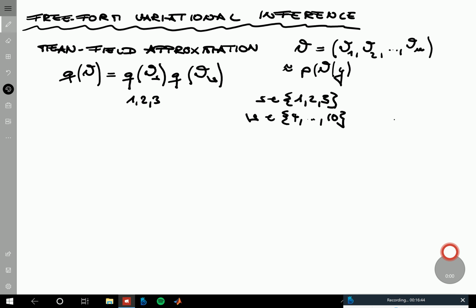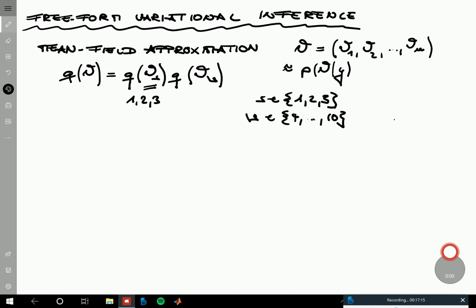Usually, once you have your model really described, you know how many random variables there are, and you can say, okay, there's a subset of random variables S, and then there's another subset of random variables, and I assume that I can compute the joint distribution over the first 3 or the first S random variables and the latter non-S random variables by the product of these two.